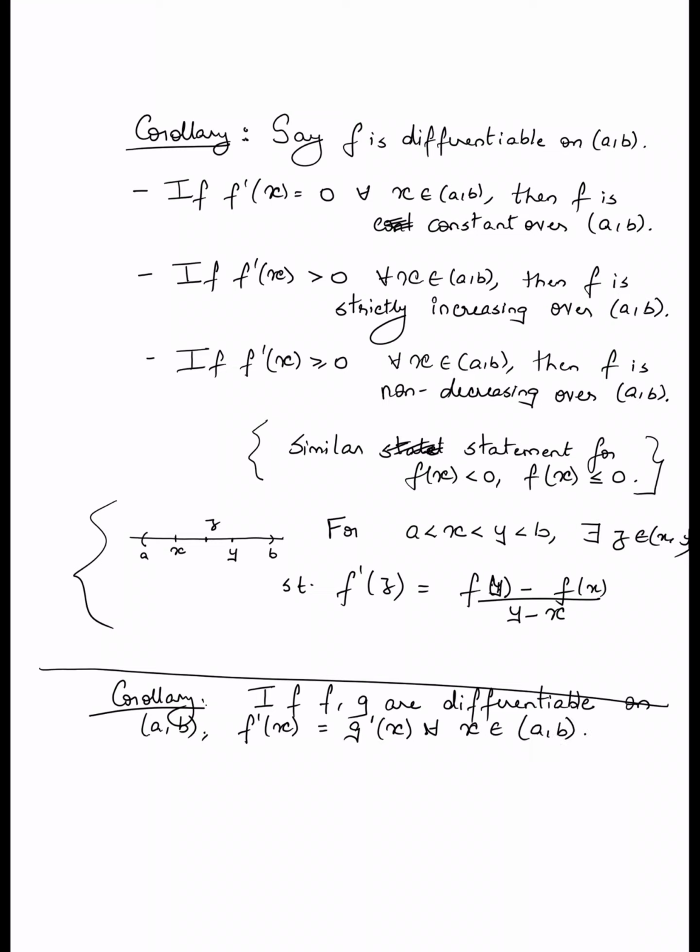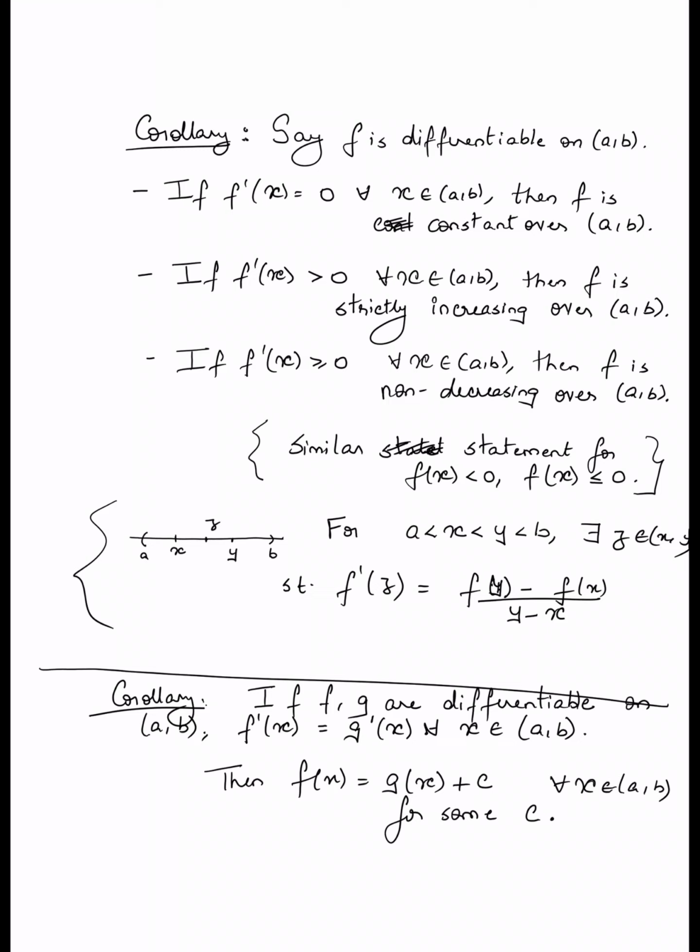So you have two functions which are both differentiable on the interval (a, b) such that their derivatives basically match, right? So if their derivatives match, then it must be that f(x) is equal to g(x) plus c for all x in (a, b) for some c.